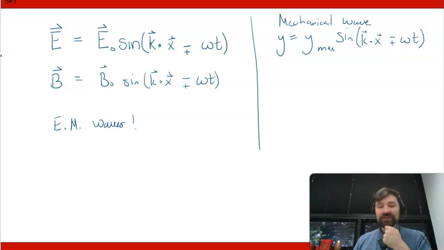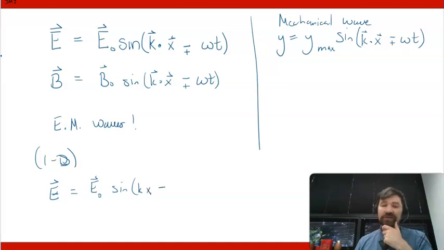It's worth noting that since these are sinusoidal, we can reduce this, by the way, for one dimension. The 1D case, I would simply have E is equal to E naught sine kx. Let's say it's moving to the right, so we'd say minus omega t, and B therefore must be B naught sine kx minus omega t.